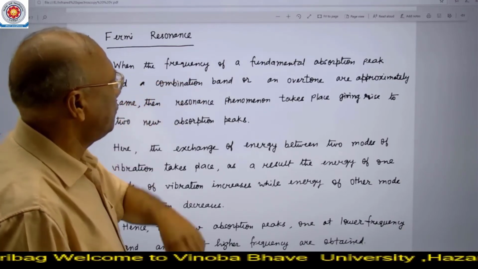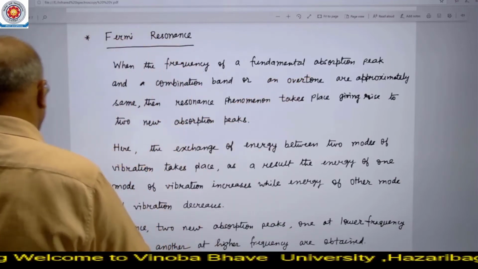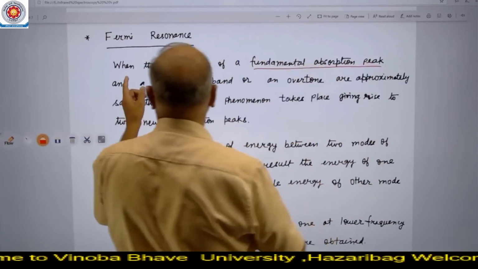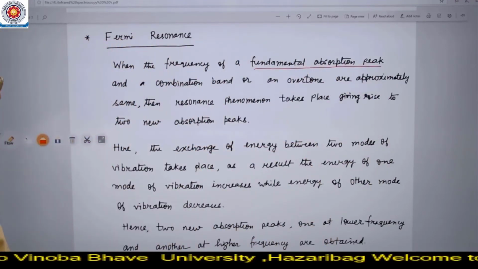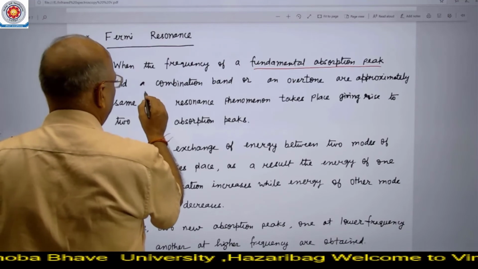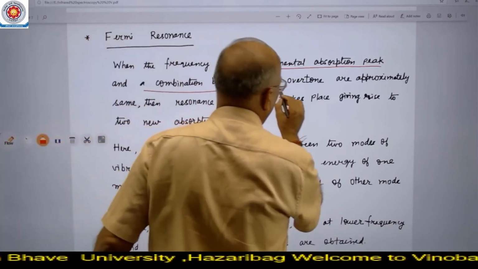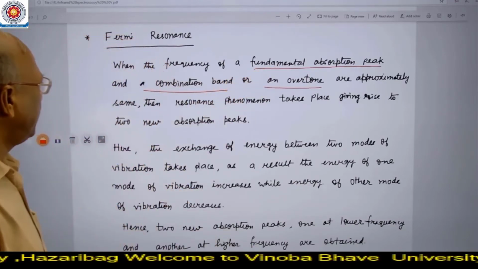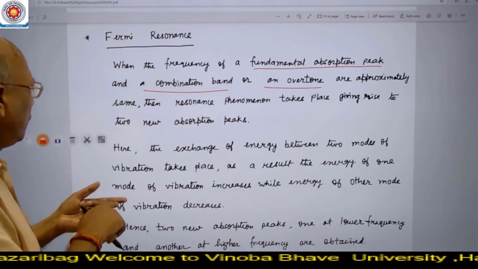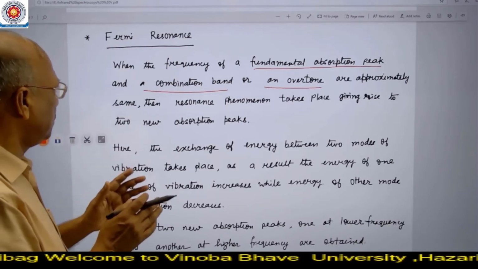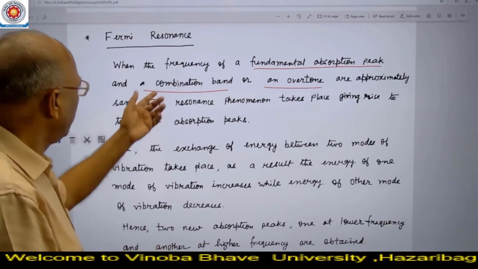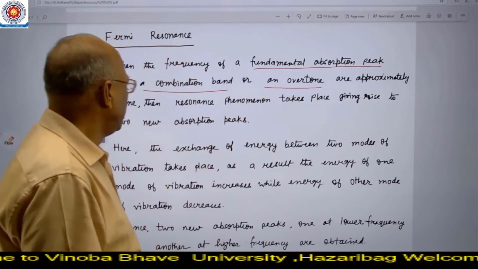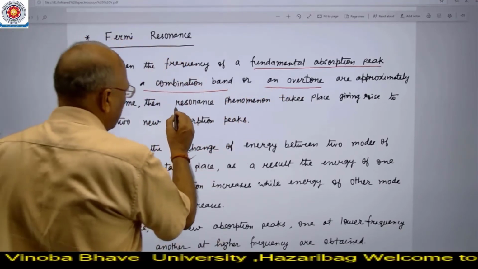When the frequency of a fundamental absorption peak and a combination band or an overtone is the same, or approximately the same, then a resonance phenomenon occurs.